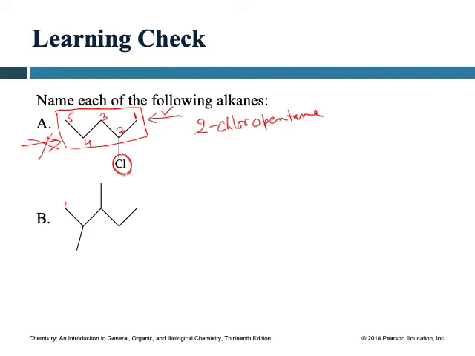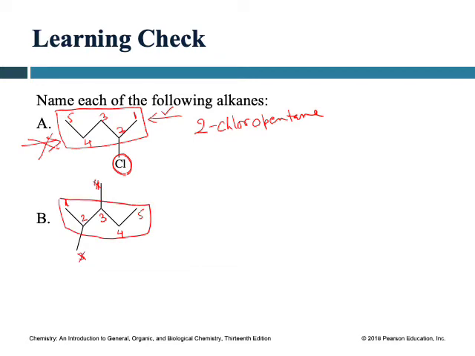For part B, we again have to specify the longest parent chain. If I start from here 1, 2, I cannot go 3 down because I can see we have more carbons that we can count. Then go straight 3. Now I have a choice to go up, but I can see if I go straight over here, then I can get 5 instead of 4. So going up is not the right way. So this is our parent chain. The maximum that you can get is 5 carbons.